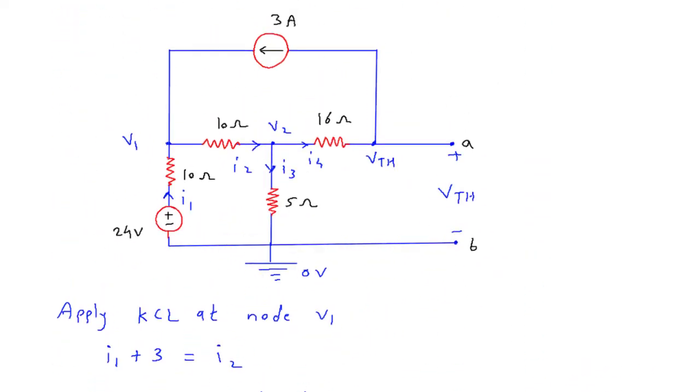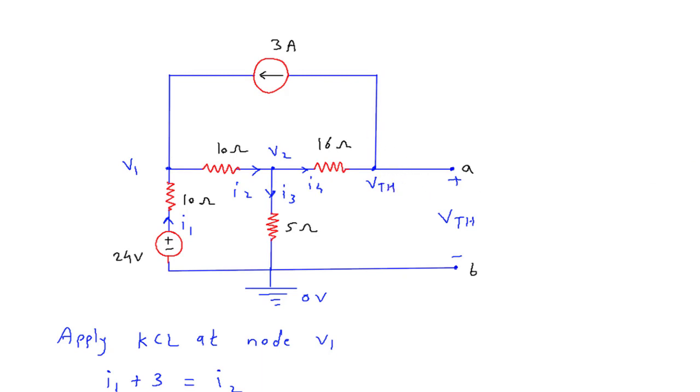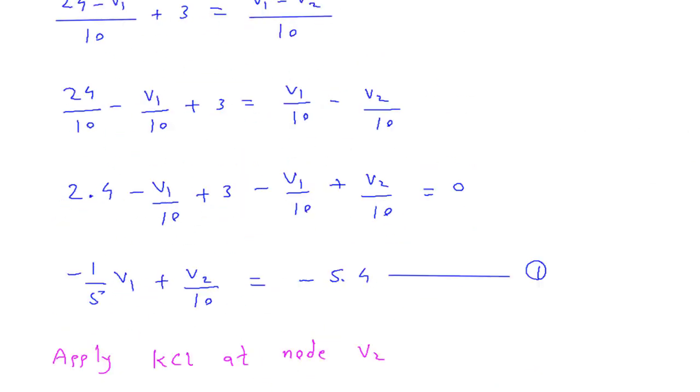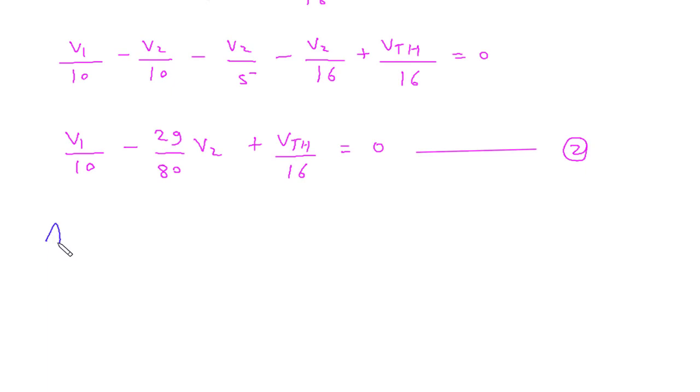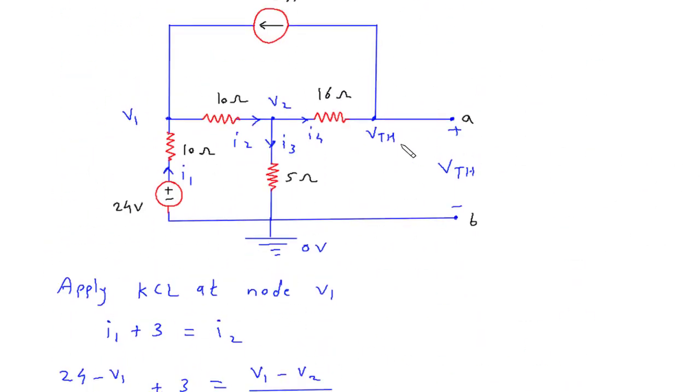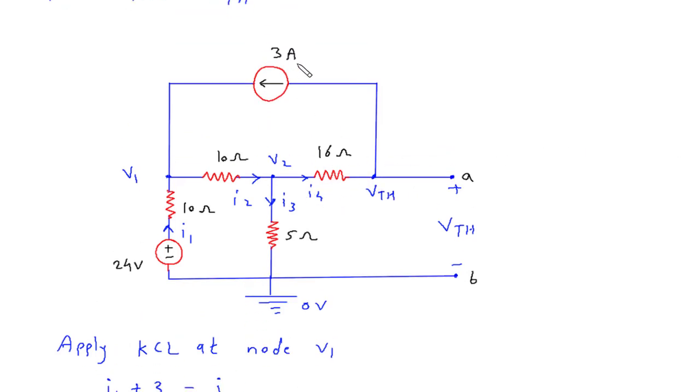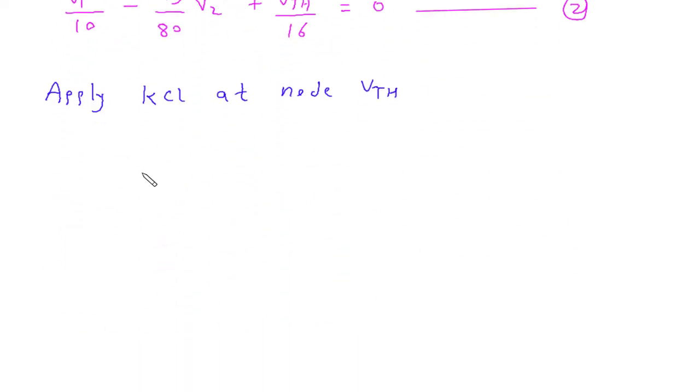Next, we will apply KCL at node VTh. Entering current at this node is I4 and leaving current is 3. So I4 is equal to 3.